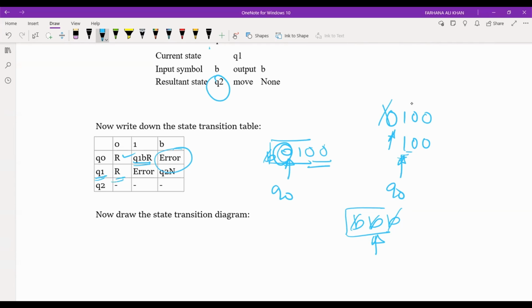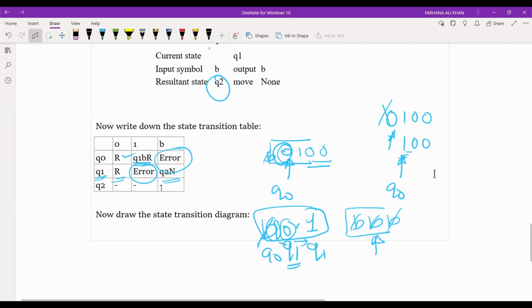Suppose we have this kind of string: Q0 on 1 is converted to blank and shifted towards the right-hand side. Q1 with 0 moves towards the right-hand side. Now if we get 1 in the Q1 state, the number is not a perfect power of 2, so we have to report the error. And at the end, if we reach the end of the string, we stop the transition there.